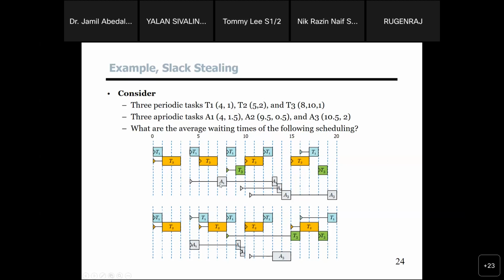Here we postponed it. Here release, we execute it. Here release, we execute it. Here we postponed A2, we postponed A3. Okay, that's the difference. And definitely the response time of slack stealing scheduling is much better than without slack stealing, because since we execute early, we get better response time.